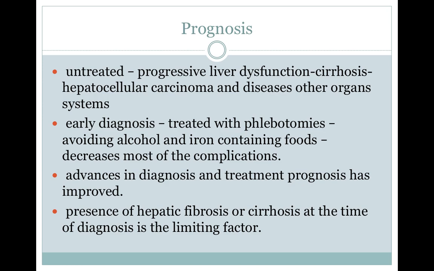With the advances in diagnosis and treatment, prognosis has been better than before. The presence of hepatic fibrosis and cirrhosis at the time of diagnosis is the limiting factor for prognosis.